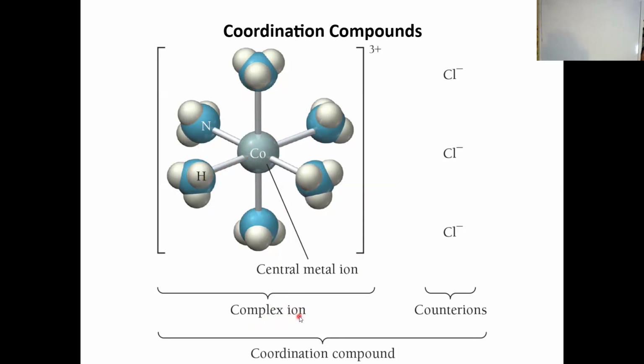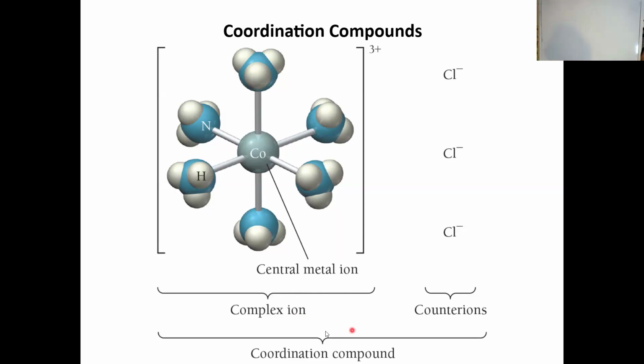Complex ions can have an overall positive or negative charge. If the complex ion has a positive charge, you can consider it a complex cation, and if it's got a negative charge, it'll be a complex anion. And it's going to want to form compounds like anything that has a charge.